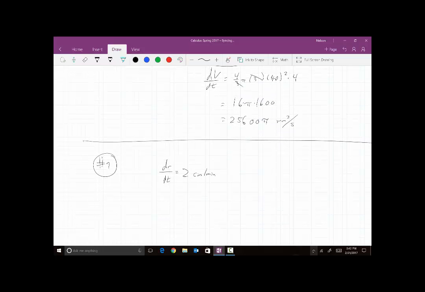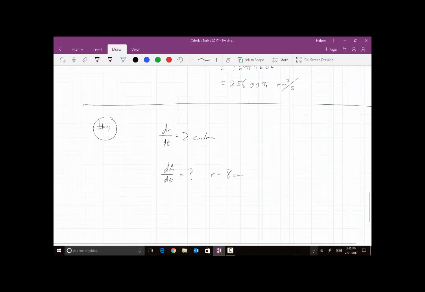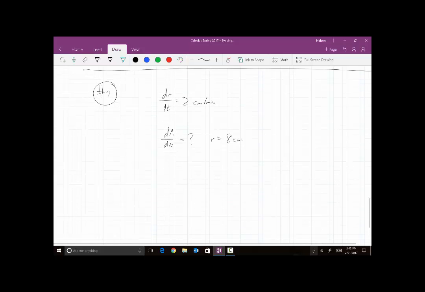Then they ask at what rate is the surface area of the ball increasing, so dA/dt, when the radius is equal to 8 centimeters. Alright, that's an interesting question.